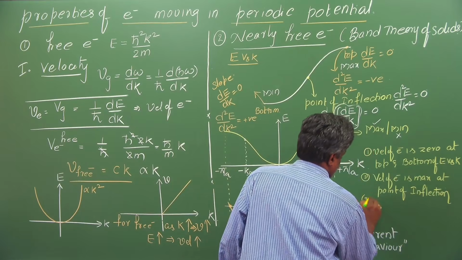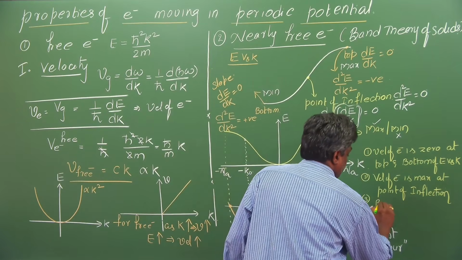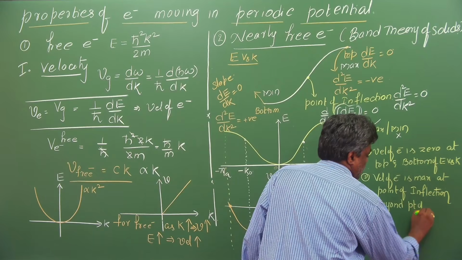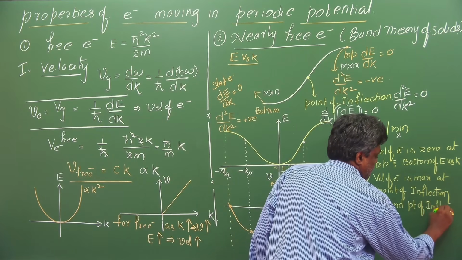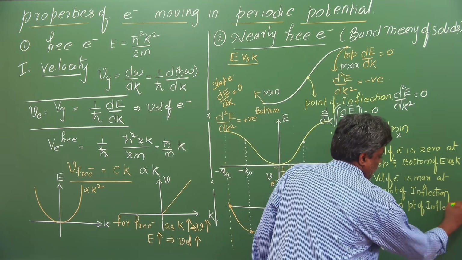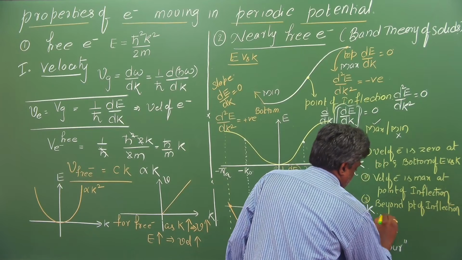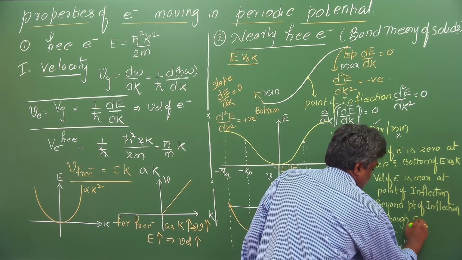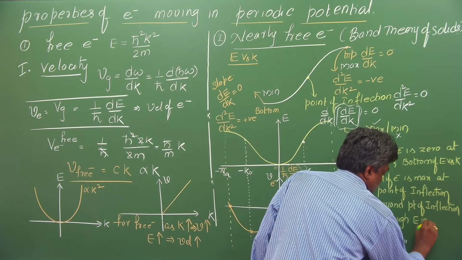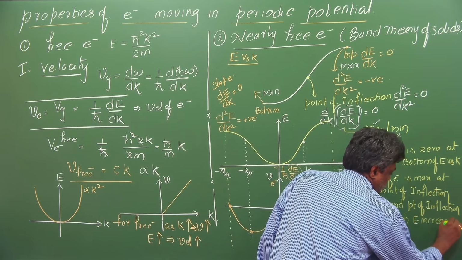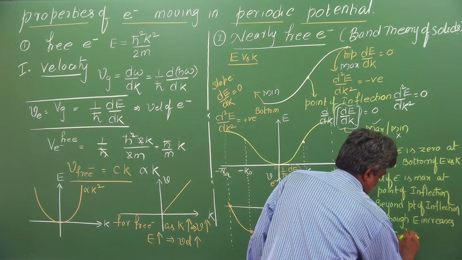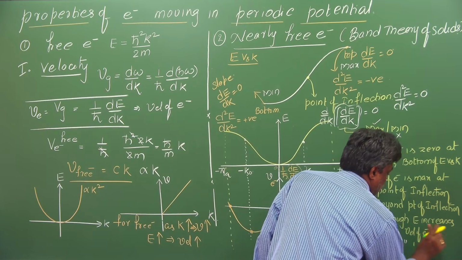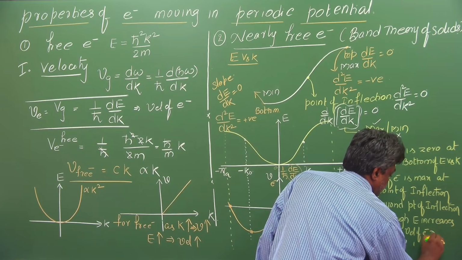That means beyond point of inflection, although energy increases, velocity of electron decreases.